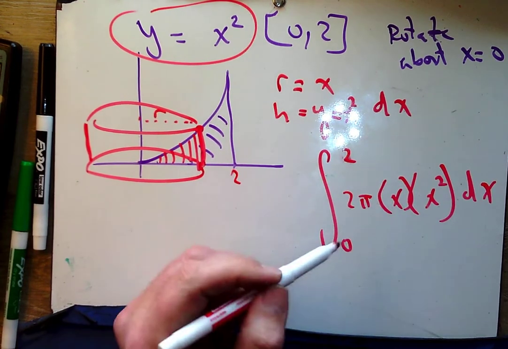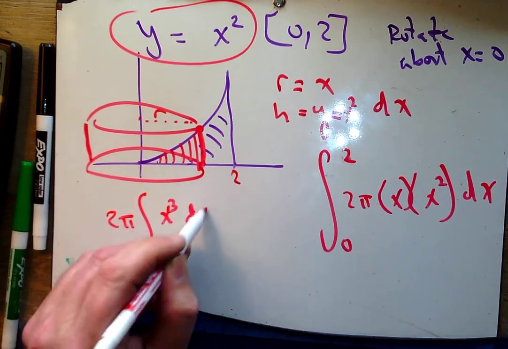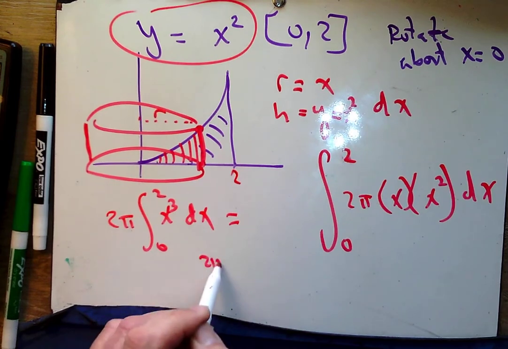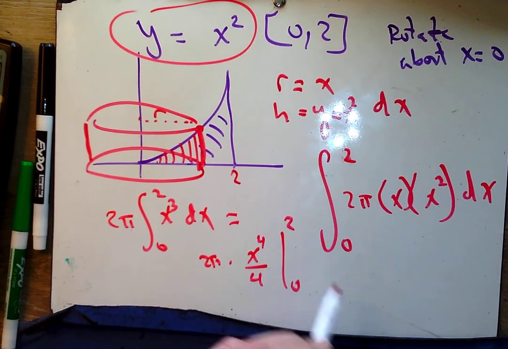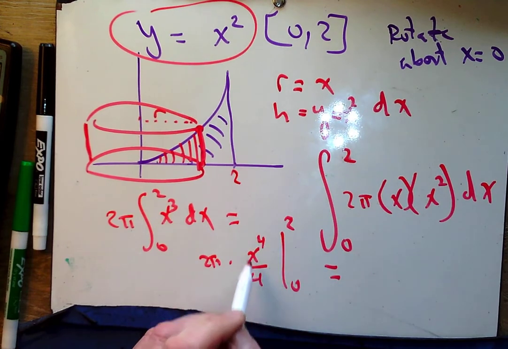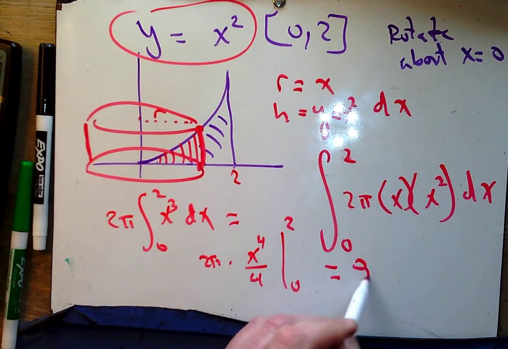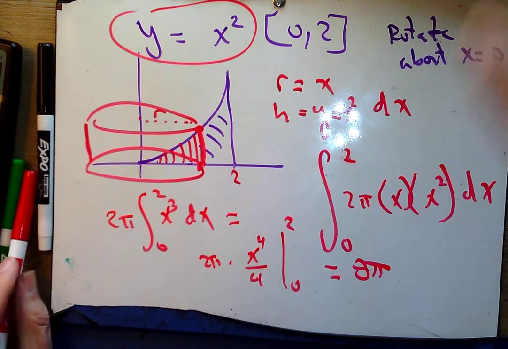And so here we've got 2 pi integral x to the third dx from 0 to 2. And that's going to be 2 pi times x to the fourth over 4, 0 to 2. 2 to the fourth is 16 divided by 4 is 4. 4 times 2 is 8 pi. And so I got 8 pi. I hope you did as well.